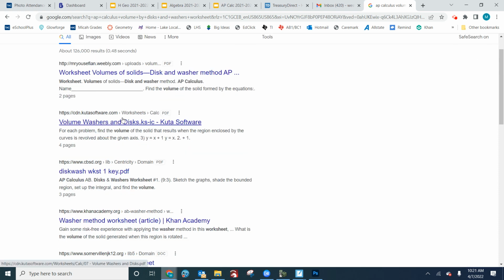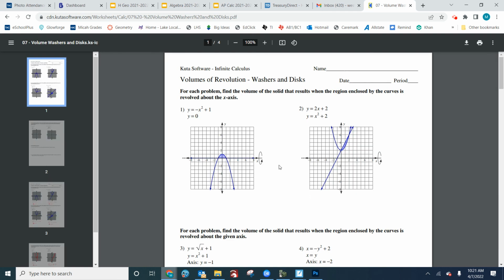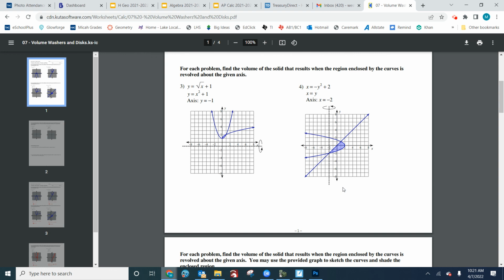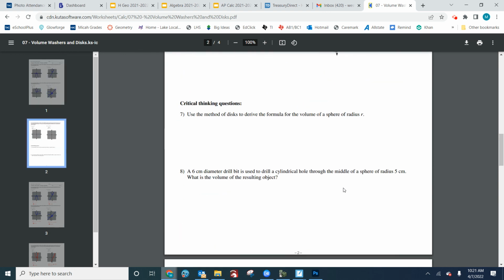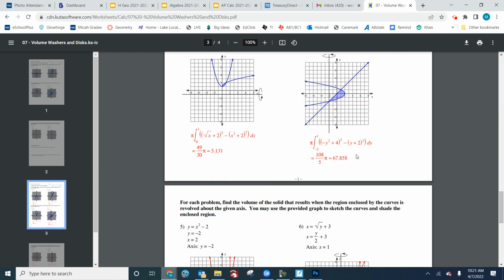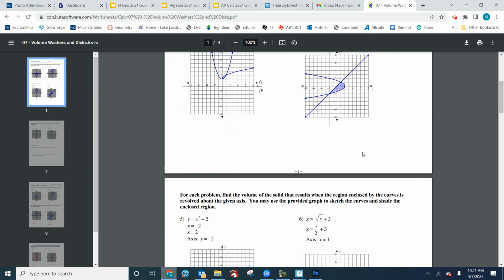This Kuta Software is a reputable site. Actually, I think I got some of my graphs from them for the notes. They usually put their answers, worked out at the end. That's a pretty good resource. They show the setup work, they show the answers, and you can check from there.